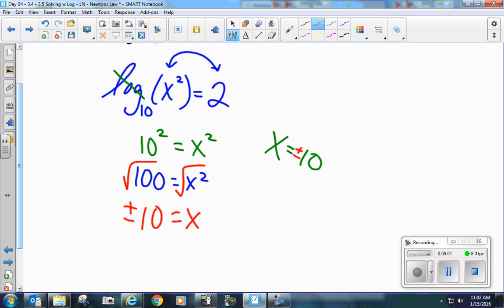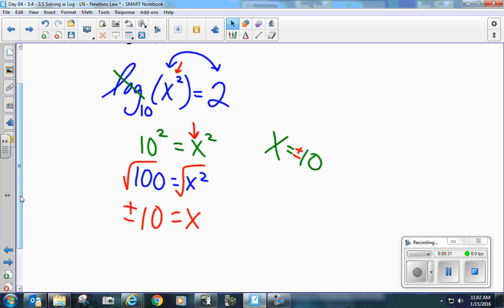Because think about it right here. If I square negative 10, will it give me positive 100? So right here, this can be a positive 10 or a negative 10. That'll be the same thing, because we're squaring it. So there's a square involved, always be careful. Now, if this 2 were to shift up, that'd be looking different, but okay?